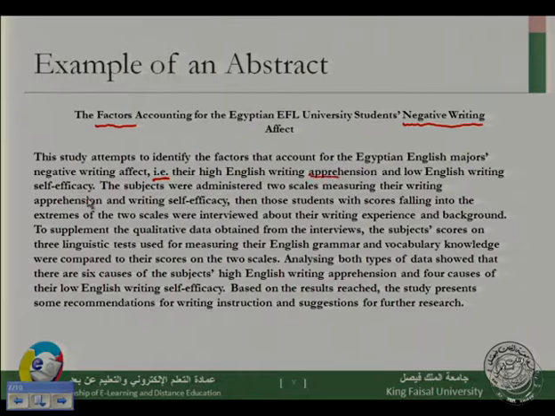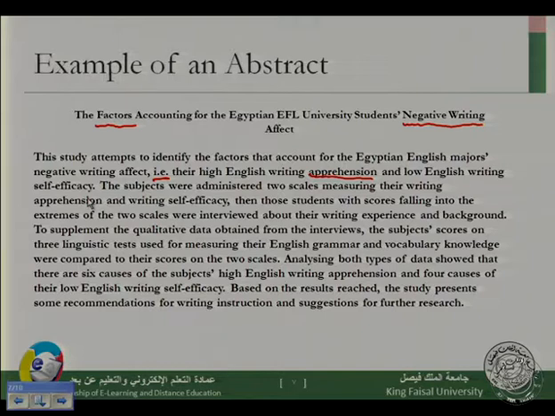Apprehension means fear. Some students have some kind of worries or fear in writing in English for different reasons. Maybe because their English writing is poor, or because they don't want to expose themselves to other people. So they have some kind of apprehension.